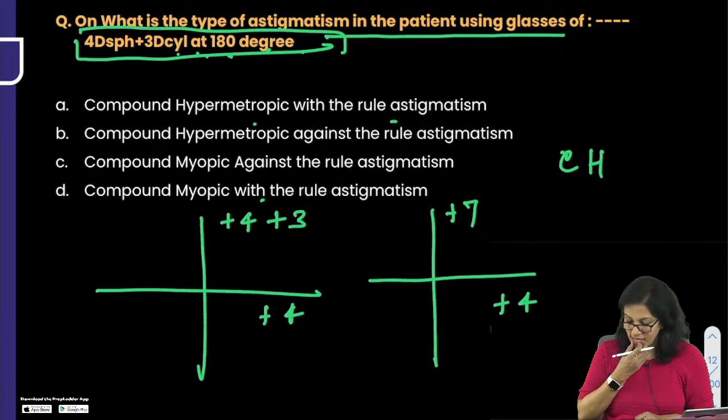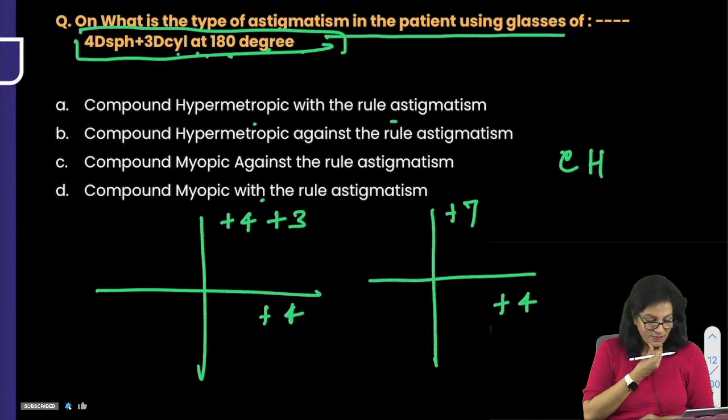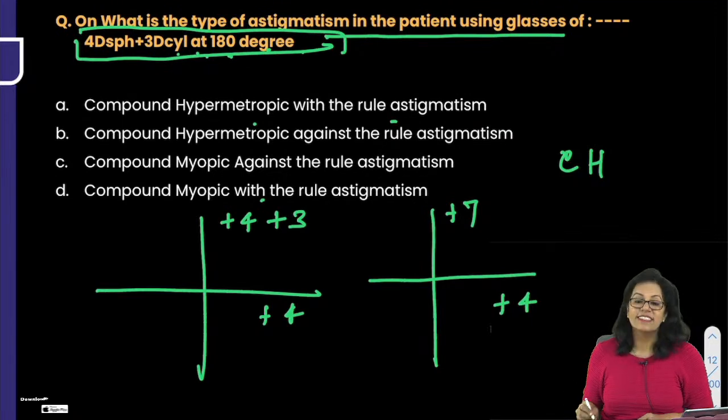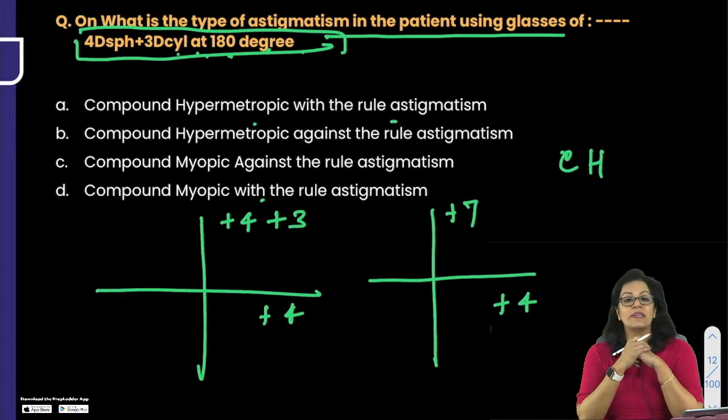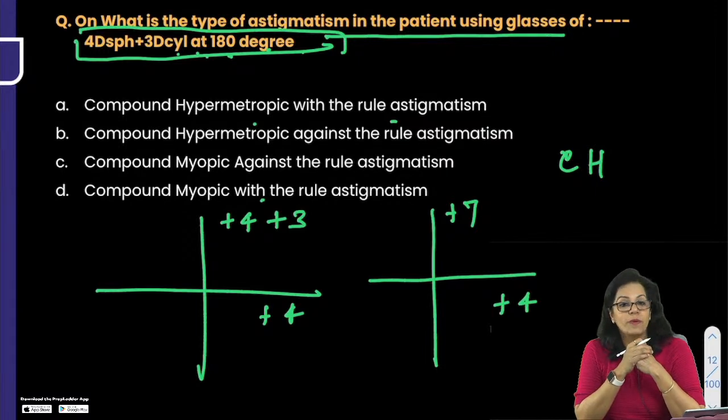Can you tell me what you all have answered here? Nobody has answered correctly. What is hypermetropia? Less power. What is myopia? More power.